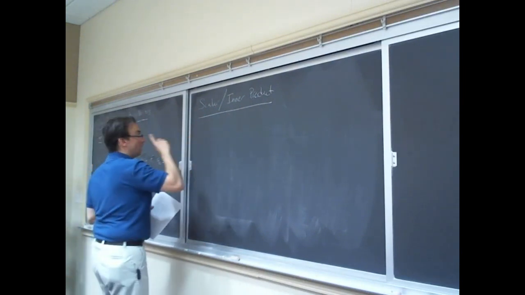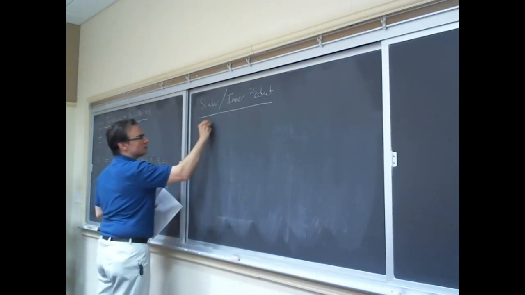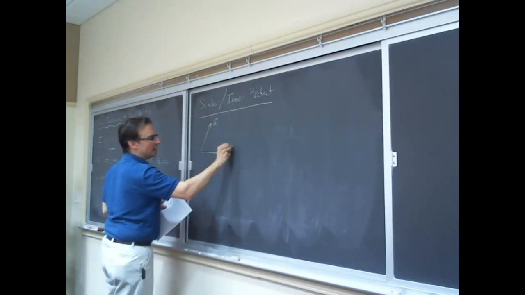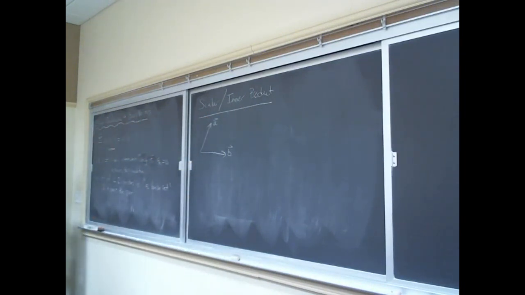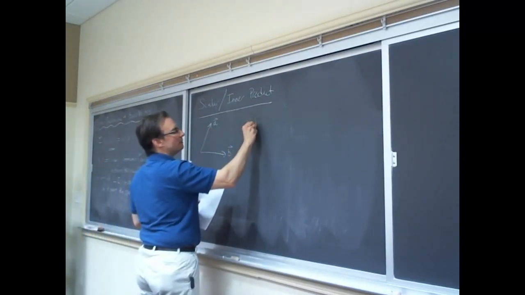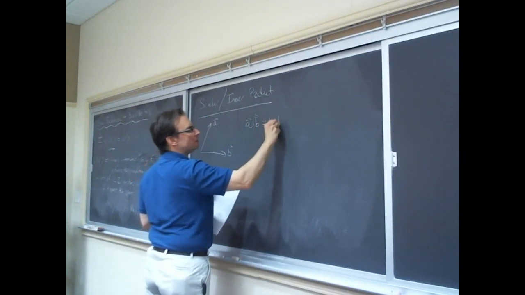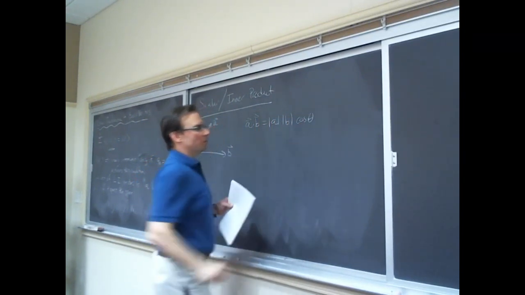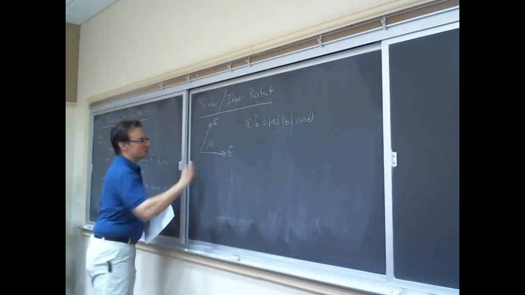Basically, in space vectors, if we think of vector A and B in a two-dimensional space, the scalar product A dot B is equal to the magnitude of A, the magnitude of B, and the cosine of the angle between them, theta. So here's theta.